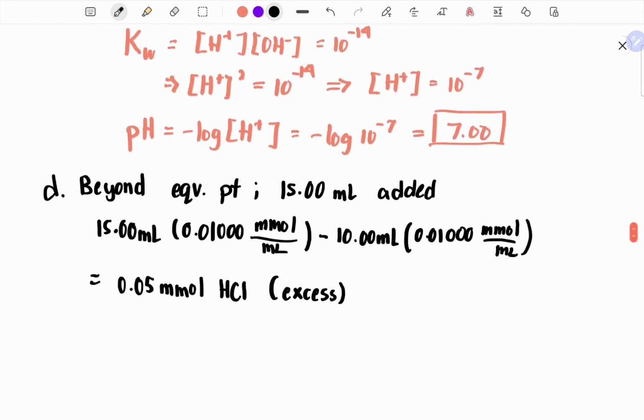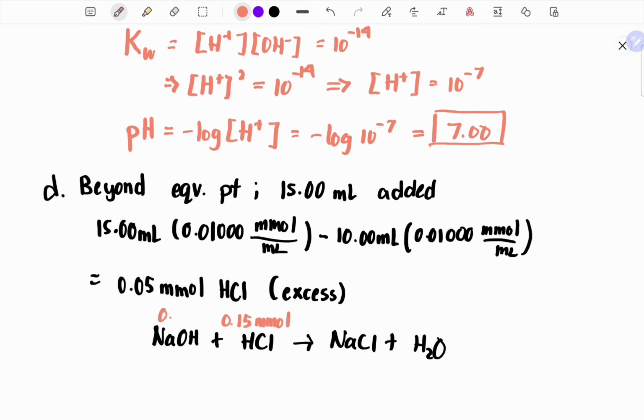Again, this is the product of the neutralization titration or the neutralization reaction. If we started with 0.15 millimole and we had 0.1 millimole, after they react, there should be 0.05 millimole of hydrochloric acid remaining.